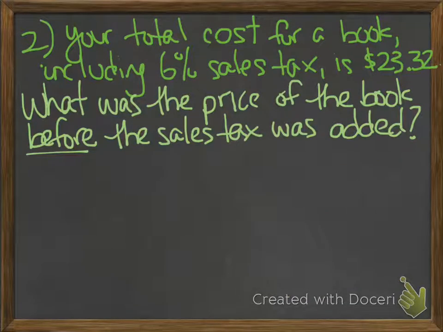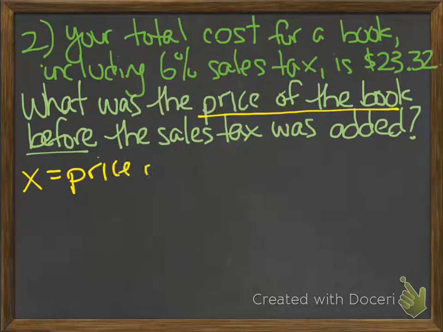Problem number 2. Your total cost for a book, including 6% sales tax, is $23.32. What was the price of the book before the sales tax was added? So again, remember that we need to define our variable. And you're going to define your variable by the question that's asked in the problem. So the problem wants to know the price of the book. So we're going to let x equal the price of the book.